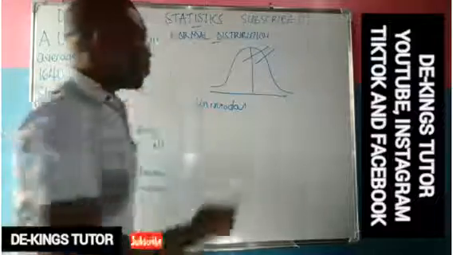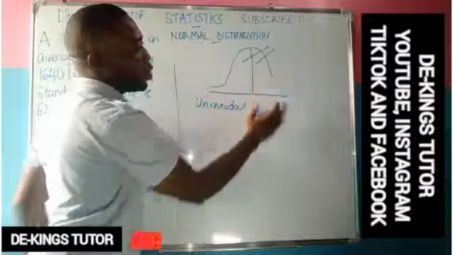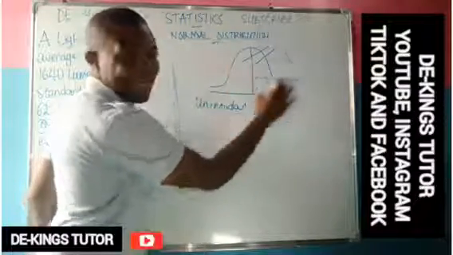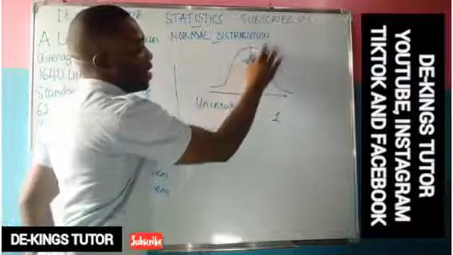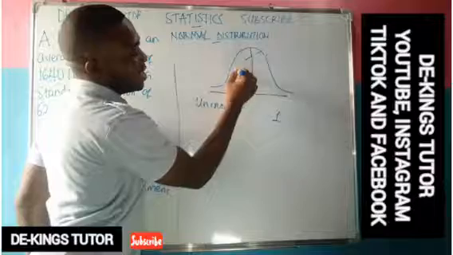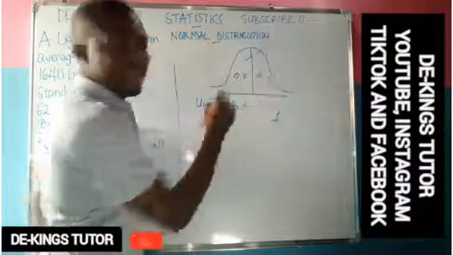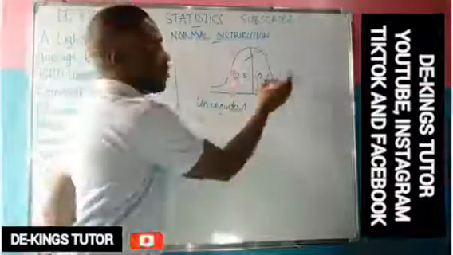The total area of this normal distribution curve is equal to 1. The total area is 1. So if the total area is 1, it means that this half is 0.5 and this half is 0.5.